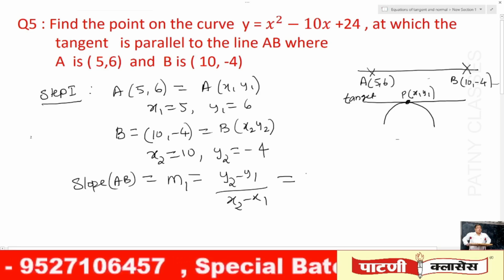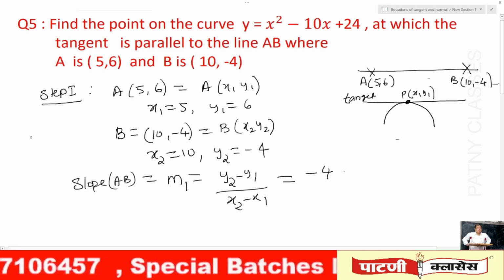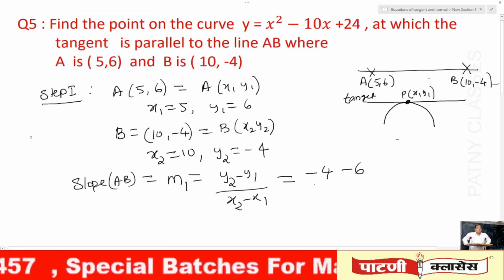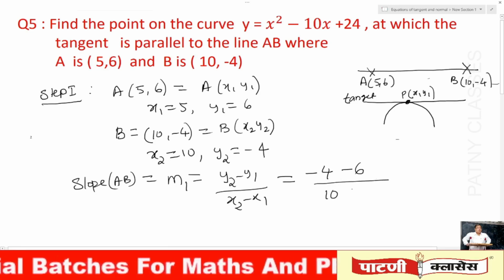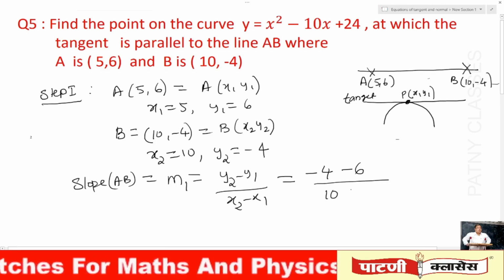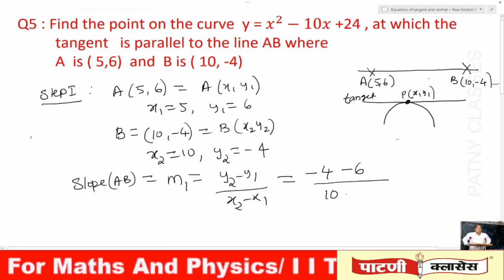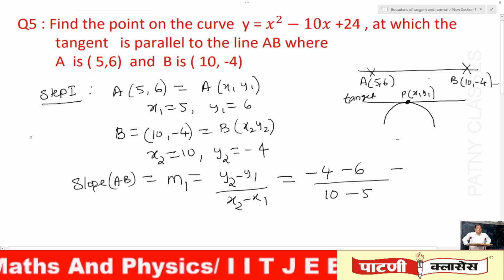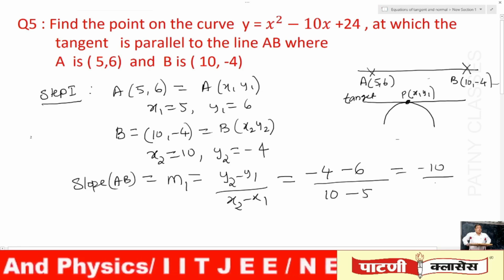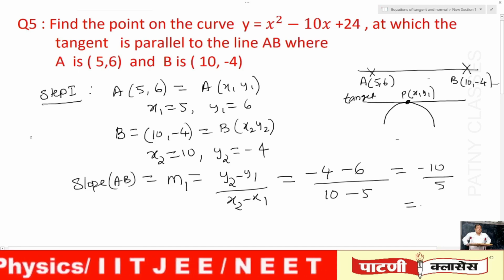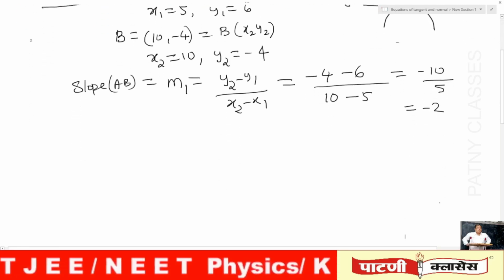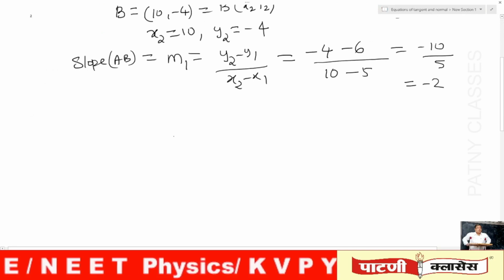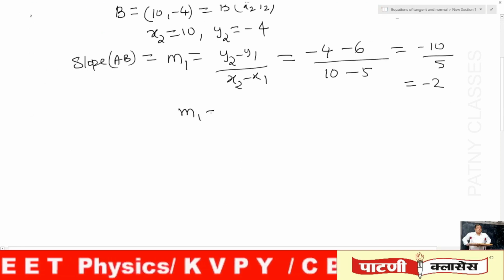Now the y2 value is minus 4, the y1 value is 6, the x2 value is 10 and the x1 value is 5. So I have minus 10 upon 5 equals minus 2. So we got m1 equals minus 2.